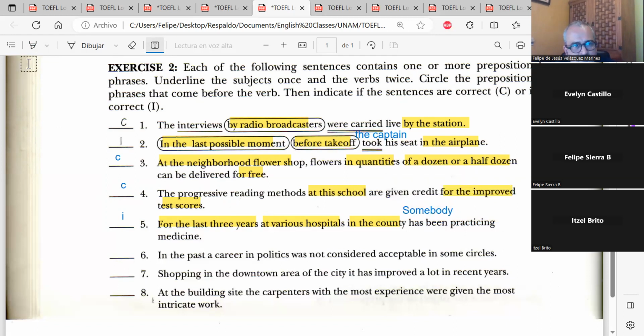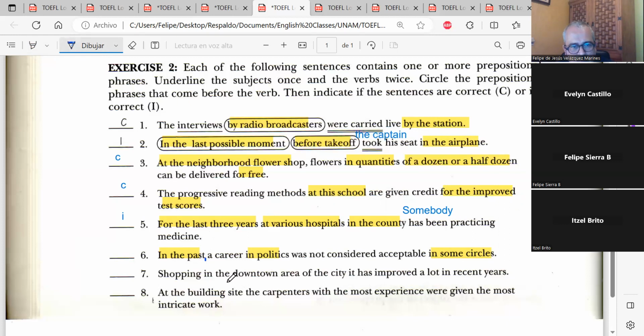In the past, a career in politics was not considered acceptable in some circles. The prepositional phrases: in the past, in politics, in some circles. Okay, so the subject is a career, was not considered is the verb, and acceptable the complement.